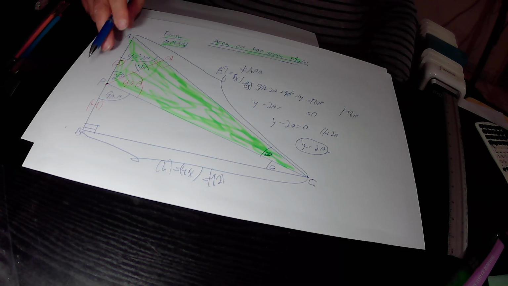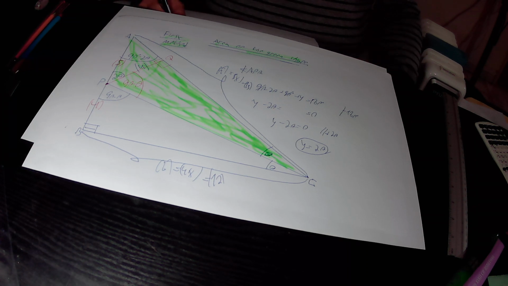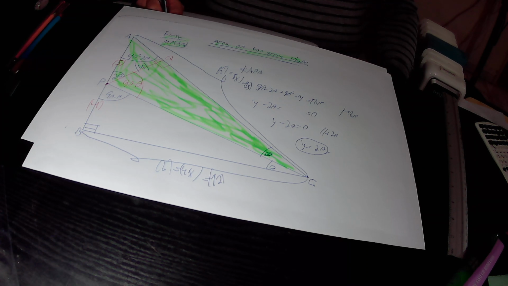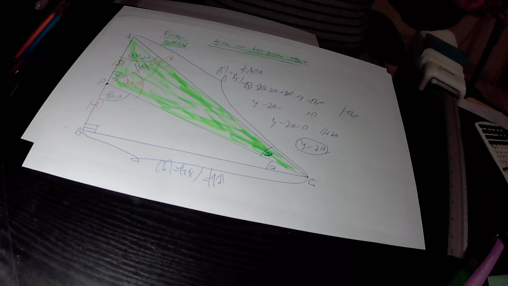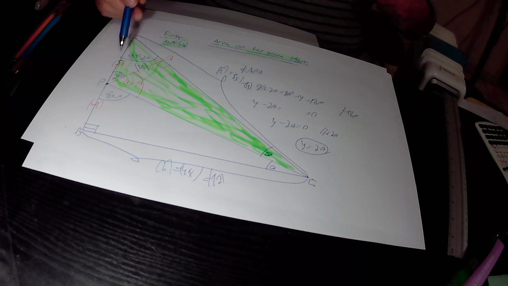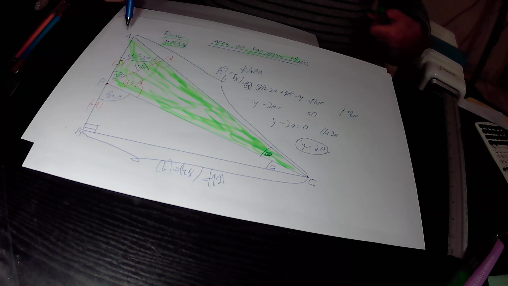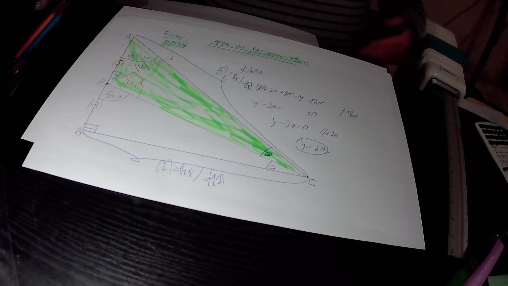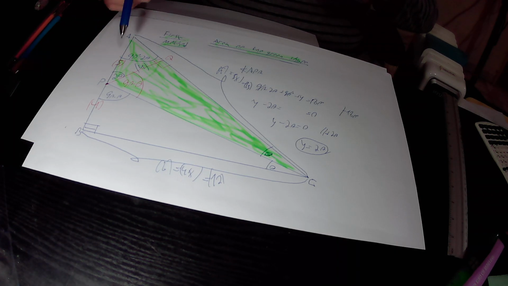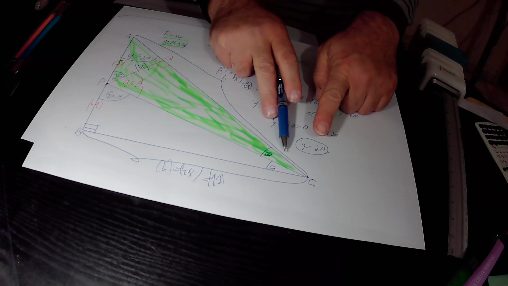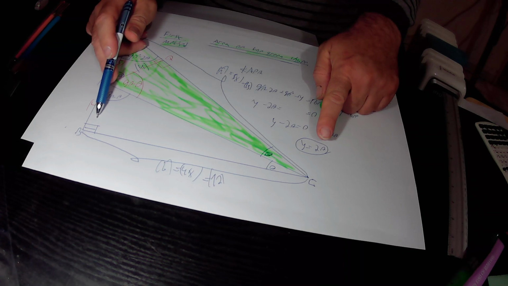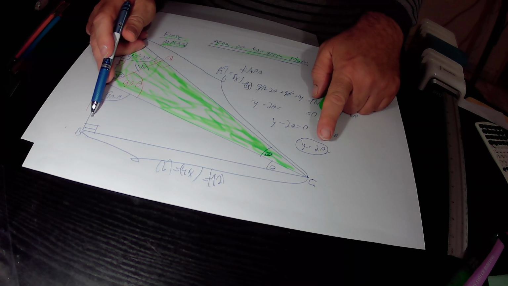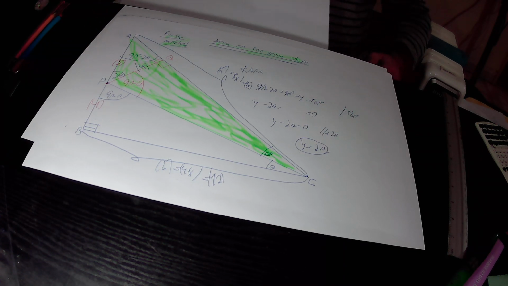We choose the base as AP, times the height to the base. The base is AP, therefore the extended base is AB. So the height to the base must be at 90 degrees with AB. BC definitely is at 90 degrees with AB, because this is the right angle. So the height to the base is BC.